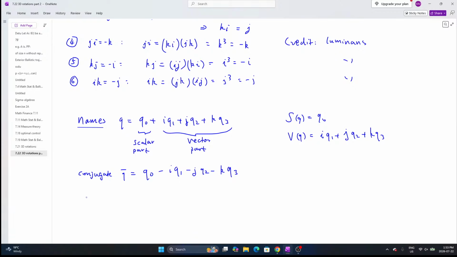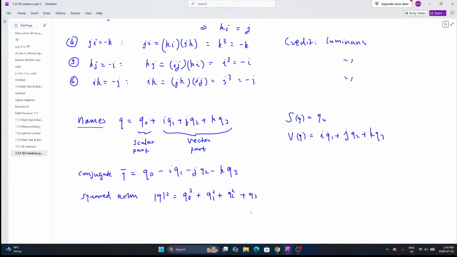And also you have the square norm, or the absolute value. As you can probably imagine, this is just like the Euclidean norm in R4, the squared Euclidean norm in R4.